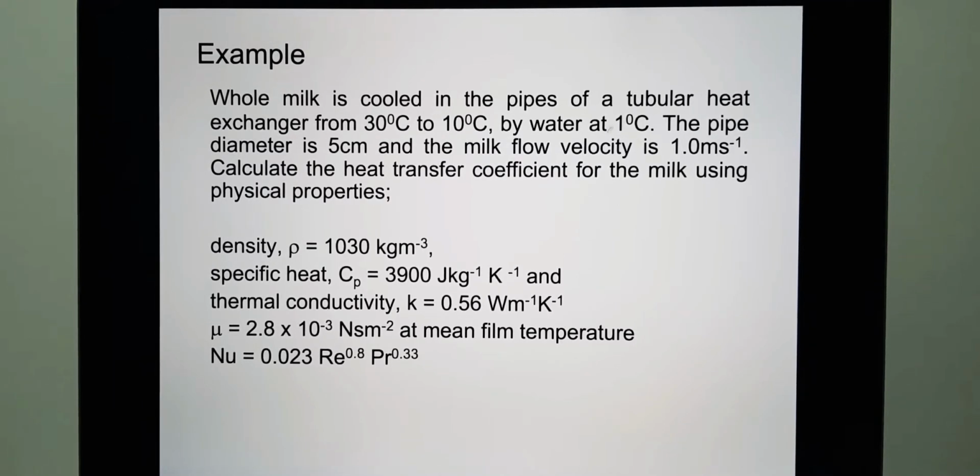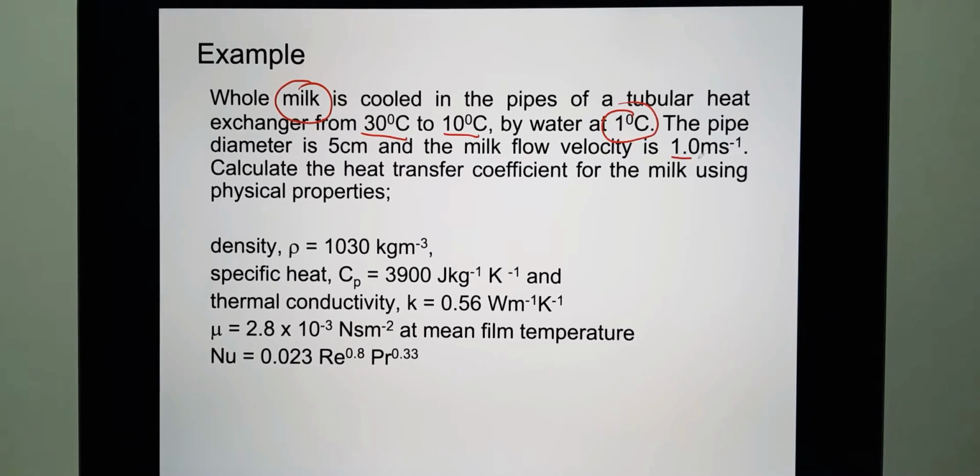So the cooling medium is cooling water. And then the milk is being cooled. So our main product that we are going to cool down is our milk. It is being cooled from 30 degrees Celsius to 10 degrees Celsius. The pipe diameter is 5 centimeter and the milk flow velocity is 1 meter per second.